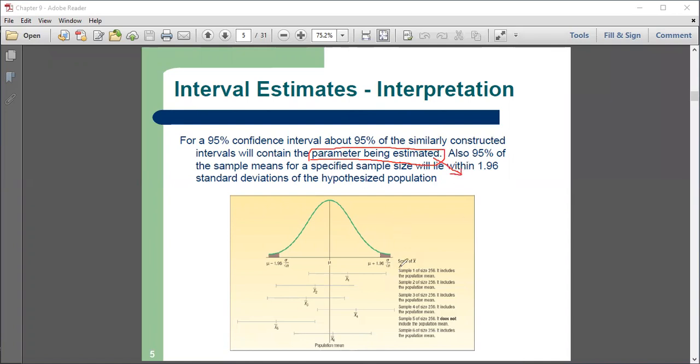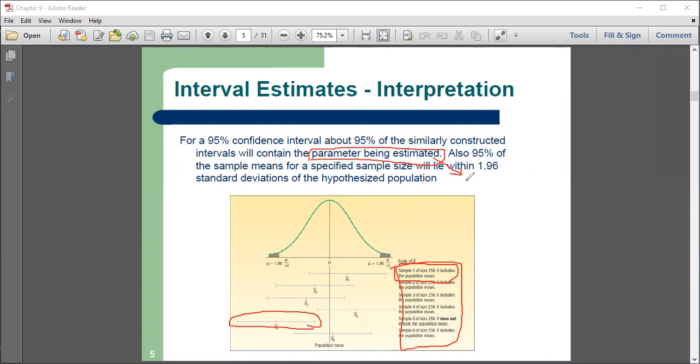There are 6 samples given. 5 samples contain the population parameter, but only sample number 5 does not contain the population parameter.